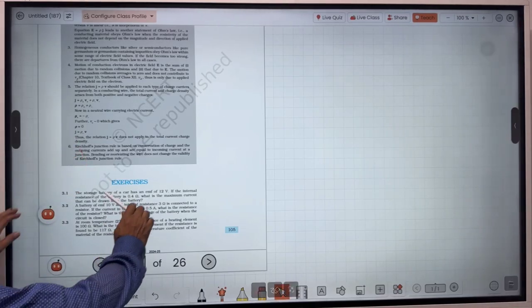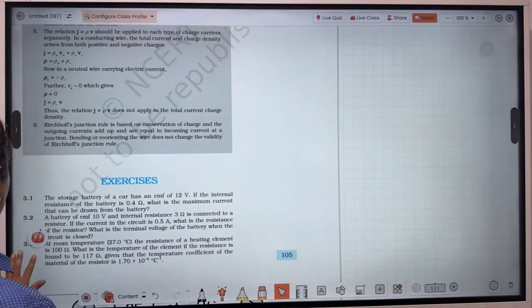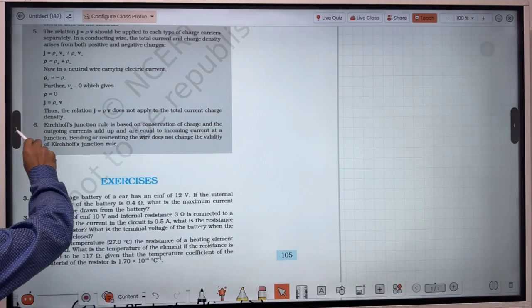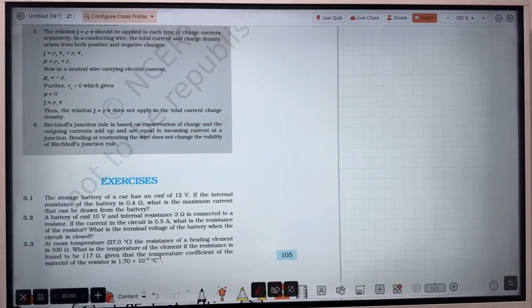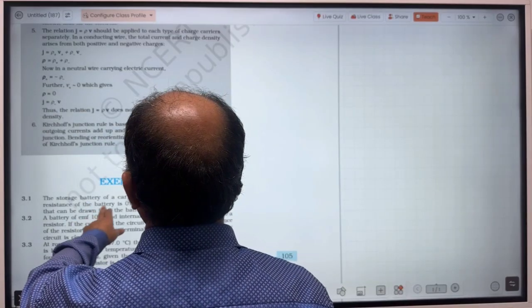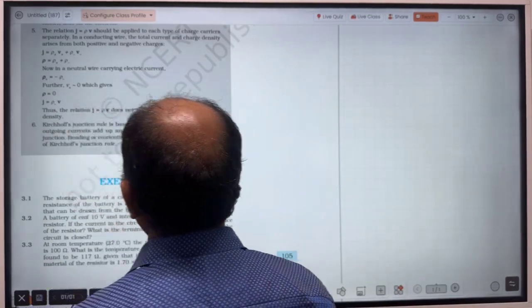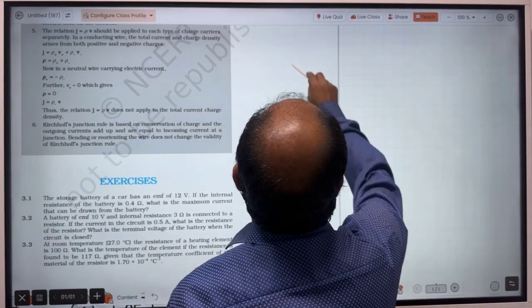So the first question says, the storage battery of a car has an EMF of 12 volt. If the internal resistance of the battery is 0.4 ohm, what is the maximum current that can be drawn from the battery?